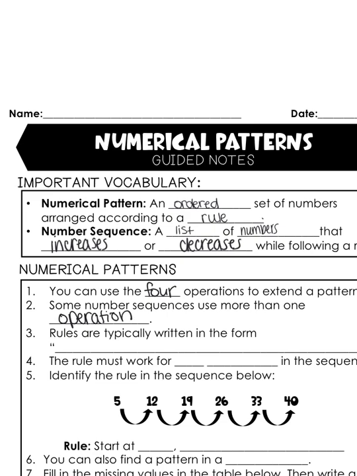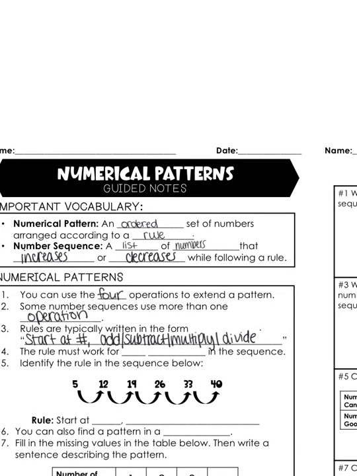And then the rules are typically written in a form: start at a number, and then add, subtract, multiply, or divide by another number. Okay, the rule has to work for all numbers in the sequence.